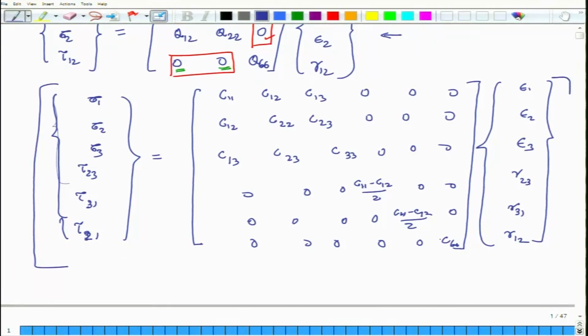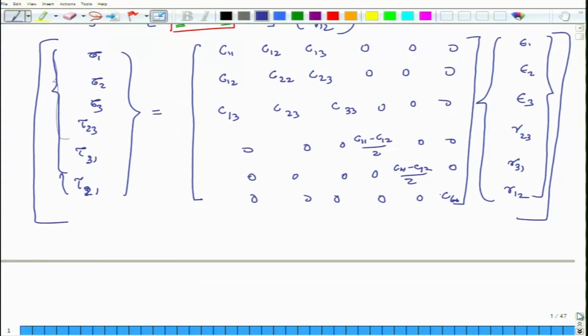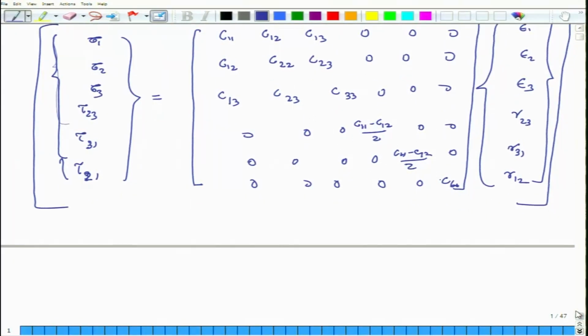So, this is the situation. These 6 equations are applicable for especially orthotropic material, which is along two planes of symmetry.